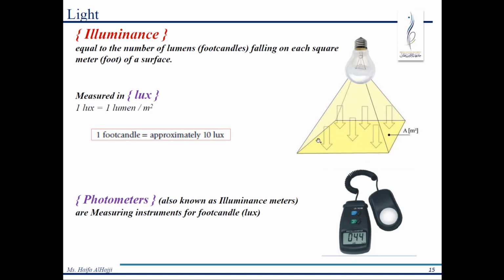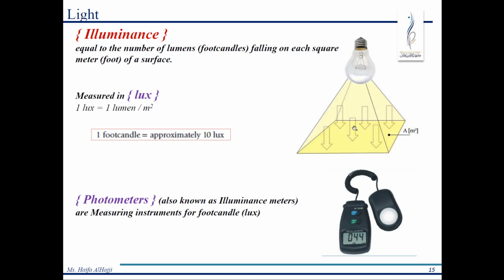For example, in here, this is a square meter area. So we are measuring in this square meter area the number of lumens falling on it, or foot candles. The total number of lumens falling on a 1 meter square area is actually what we call lux.